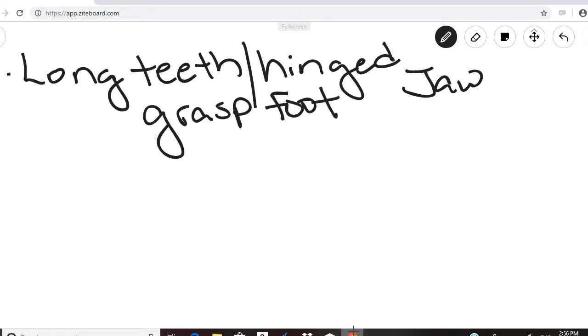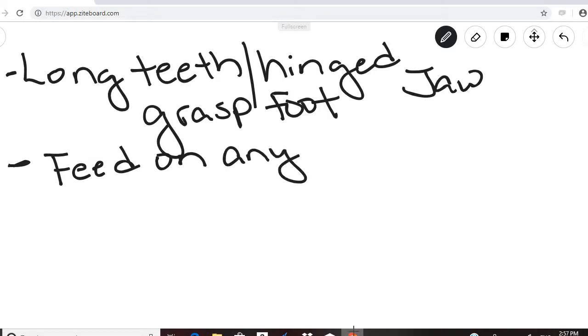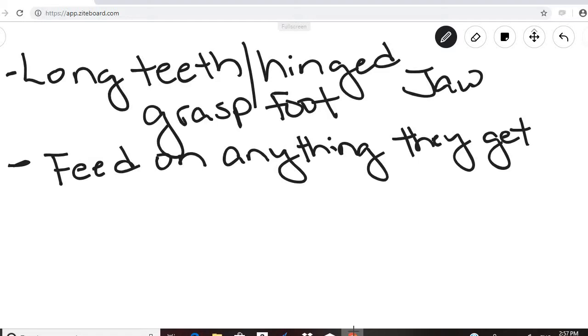So that's a desirable characteristic. And they will feed on anything they can get into their mouths. In other words, they are not picky eaters. When food is scarce, you usually find that you're not going to be picky about what you eat. And that is true of organisms that live in the mesopelagic area.